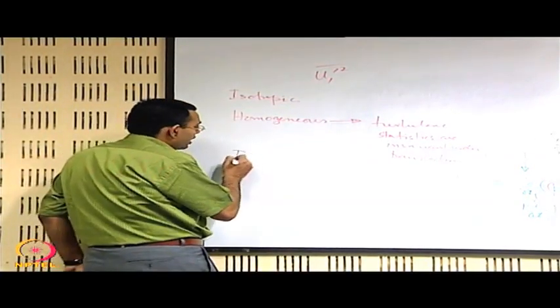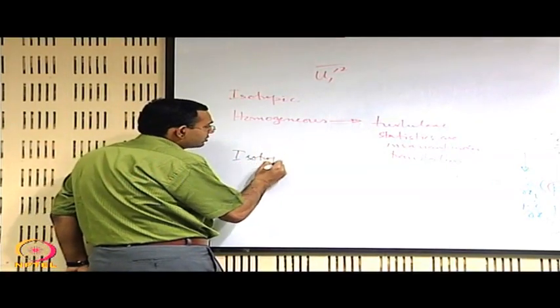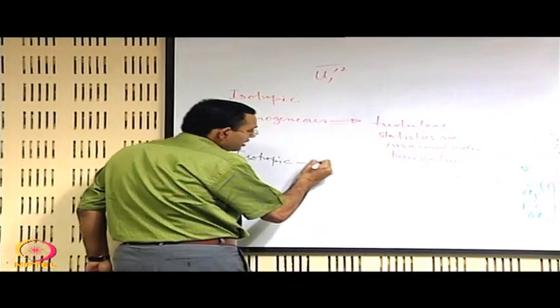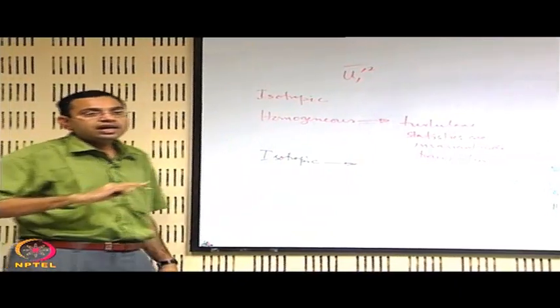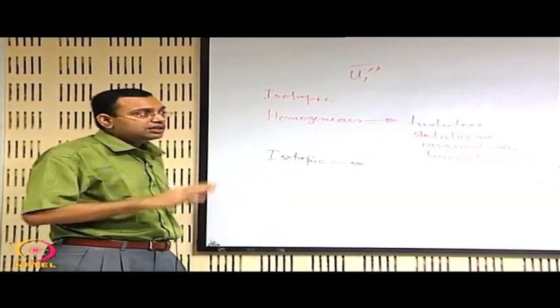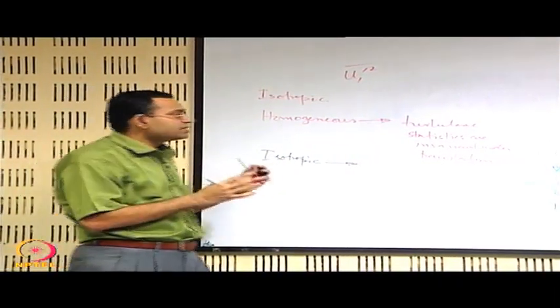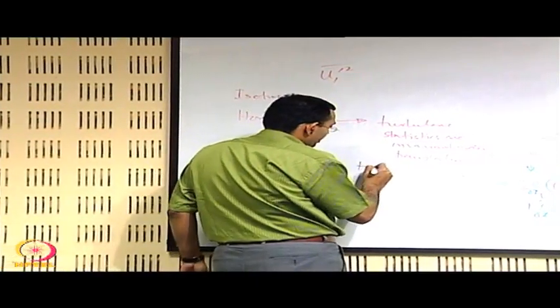Now when you go to isotropic turbulence, isotropic means, as we discussed earlier, direction independence. That means the turbulence statistics are direction independent.